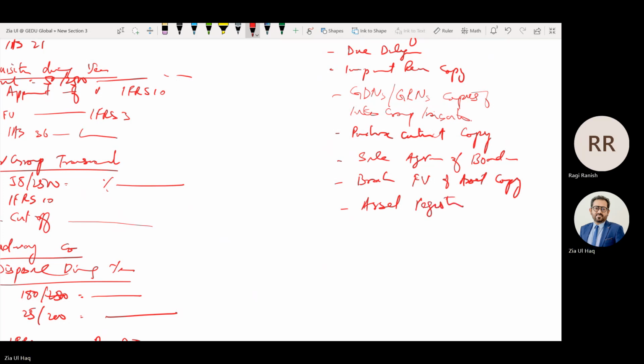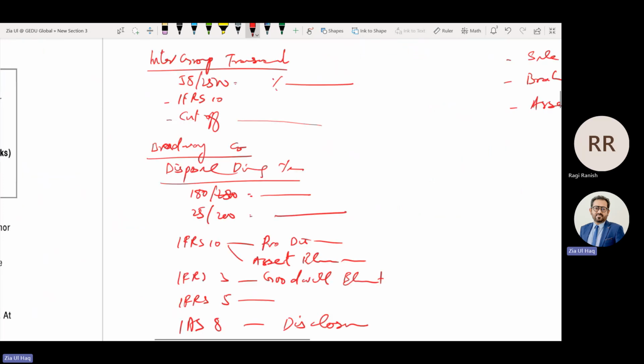Other things we will be able to find during the audit. At the planning stage, the asset register we can see at the planning stage, if this sale has been made before our appointment. Okay.